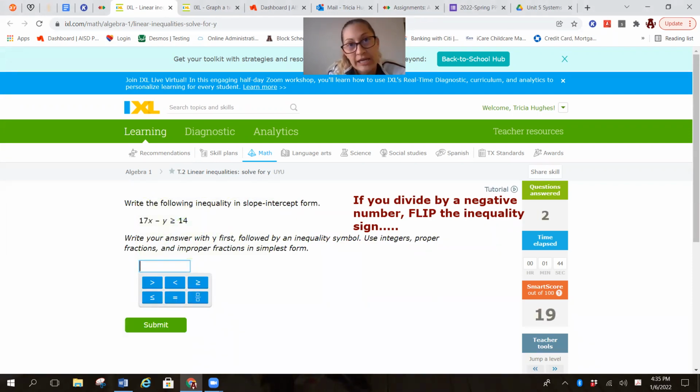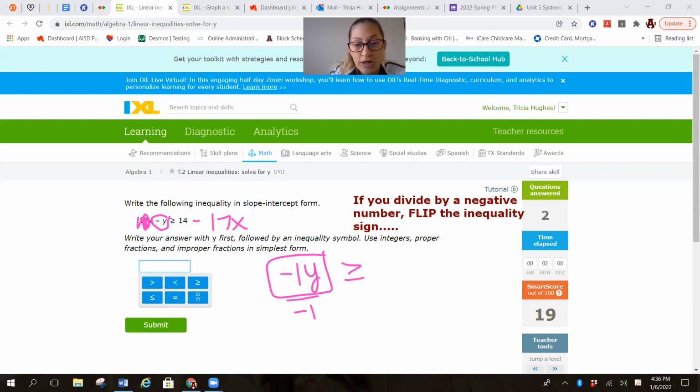Okay, now check it out, people. You have a negative y. Okay, so when I box the y and I move the x, now I will have to divide, divide, divide by a negative 1, because a negative y in a box is really a negative 1y in a box. So when I divide all of those terms by negative 1, this will flip to a less than or equal to sign.